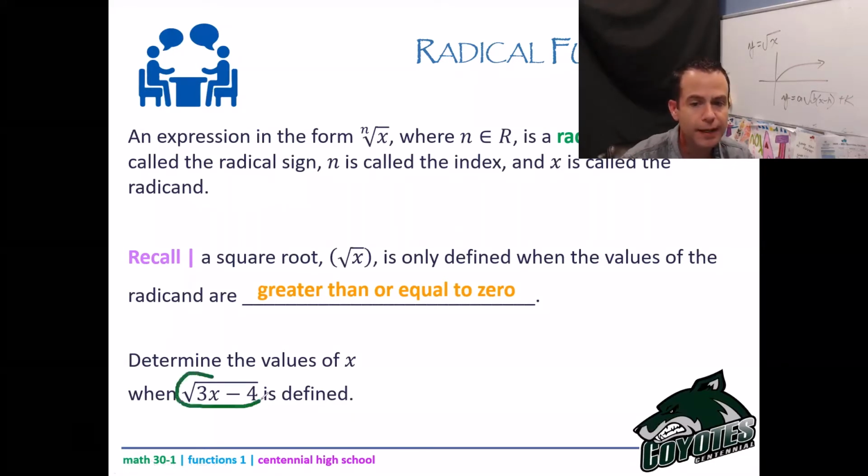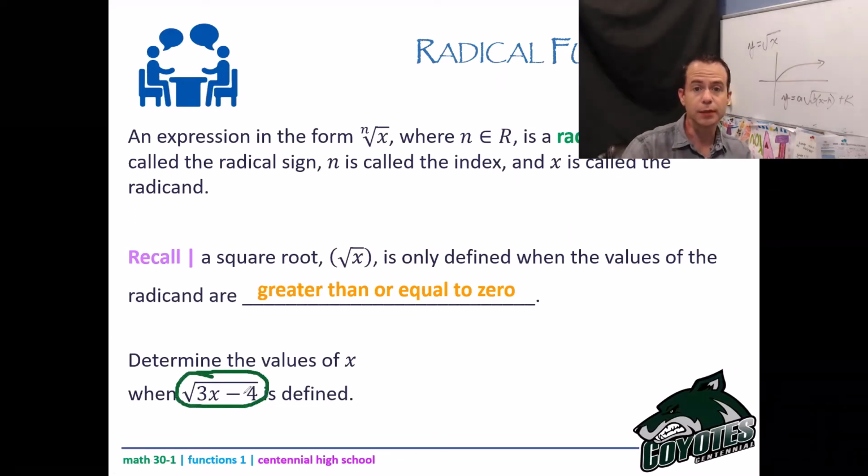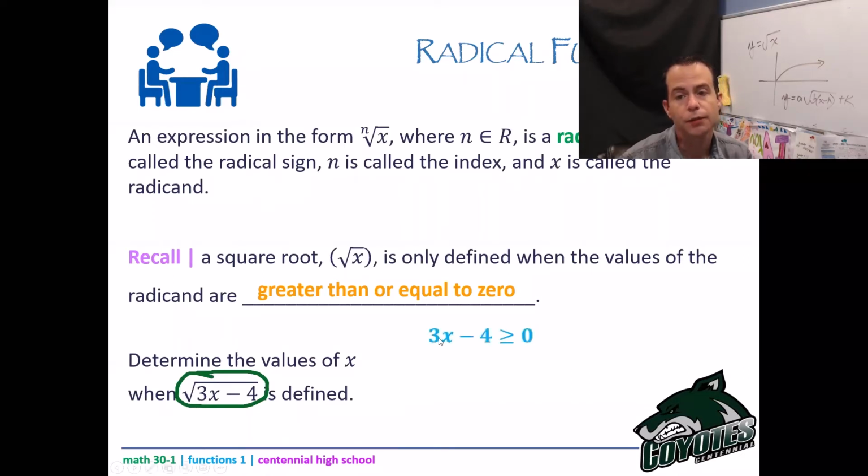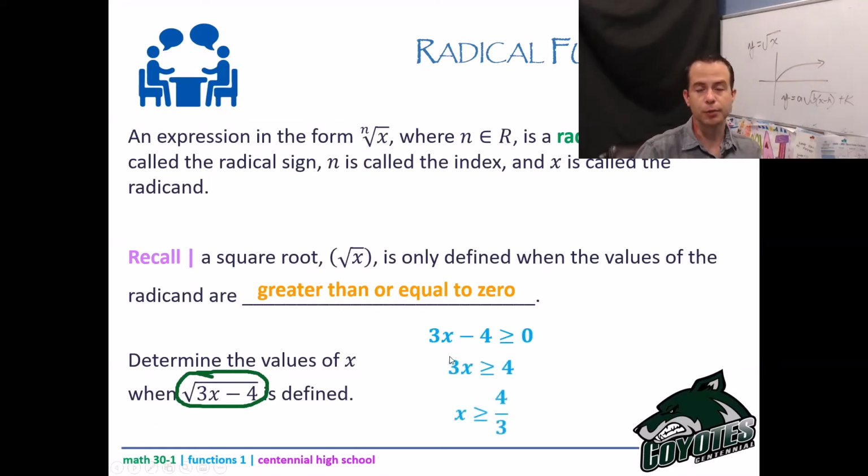It's not about x being positive, it's about the radicand itself, the thing underneath the square root. So I set that greater than or equal to 0 and solve for x. 3x minus 4 is greater than or equal to 0, I bring my 4 over, divide by 3, and I get x is greater than or equal to 4 over 3.